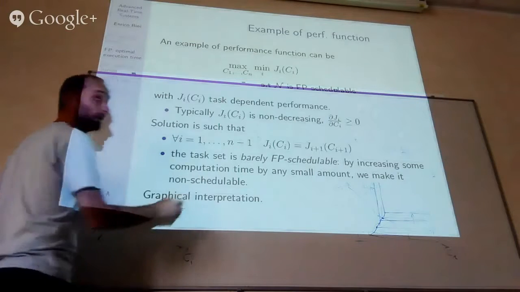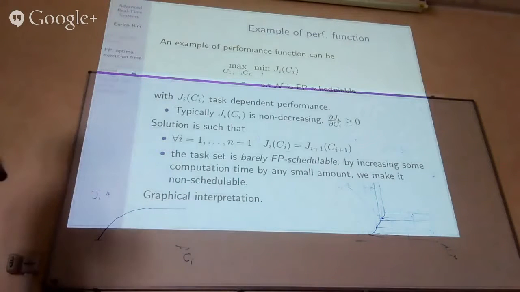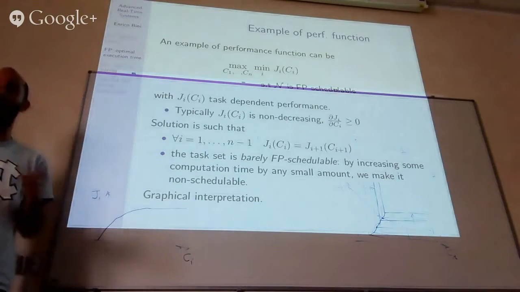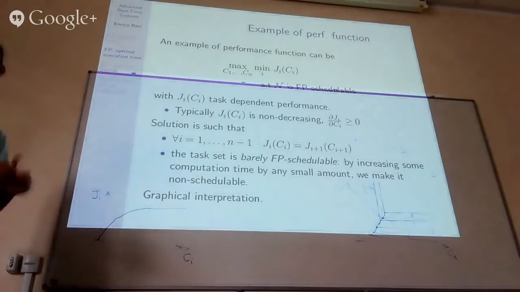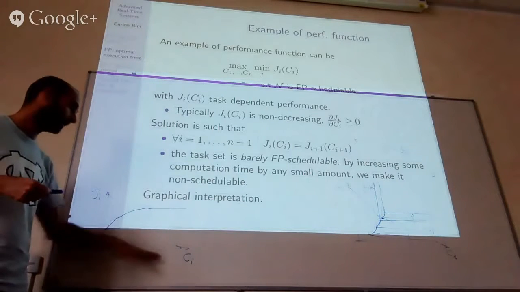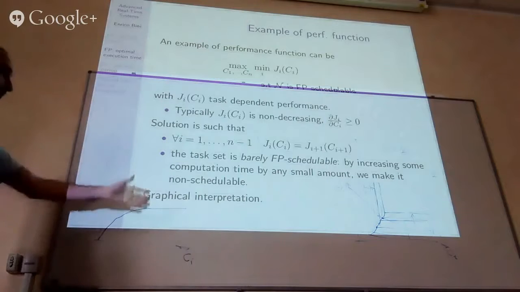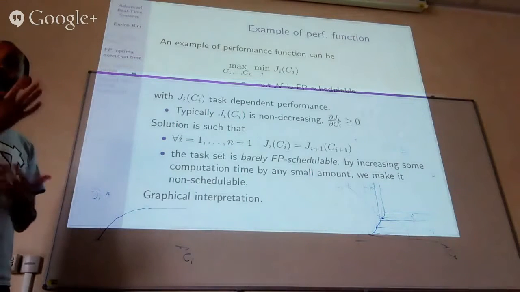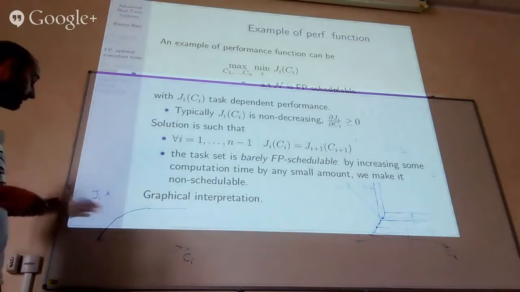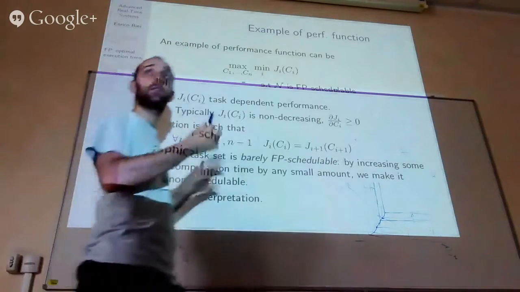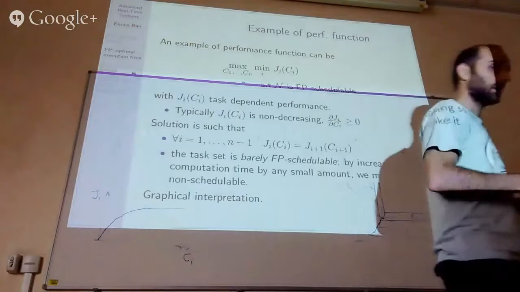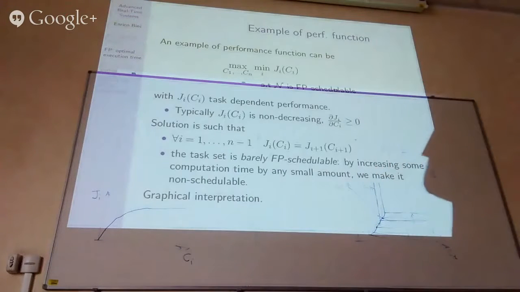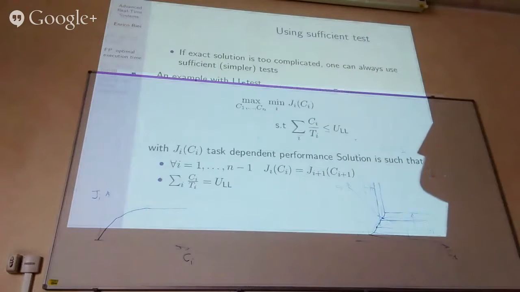At some point, it doesn't matter because of the numerical precision of the machine. Maybe you don't gain anything by executing too much. And you have to think that each task does something different on its own, and then maybe every task may have a different function. Is it more clear? Hopefully.